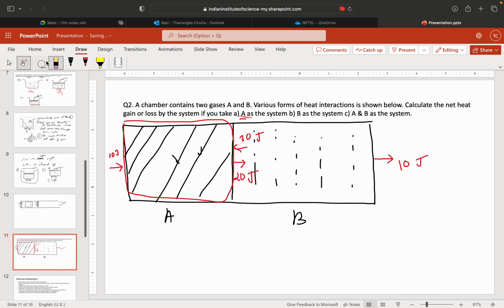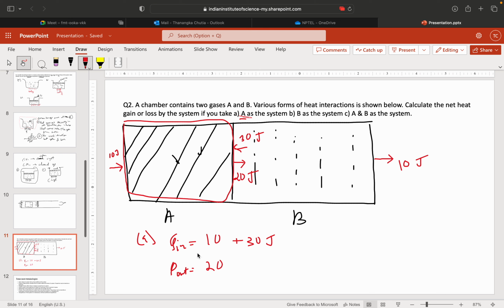Okay, now taking the system as A, you have to take the Q in, 10 plus this 30 joule, and then you have to take the Q out, that is my first part. Q out is my 20.